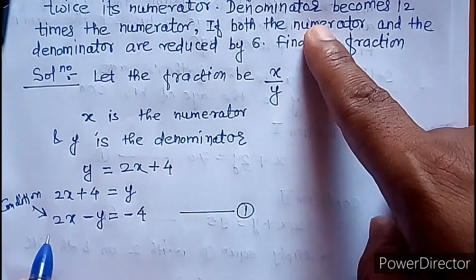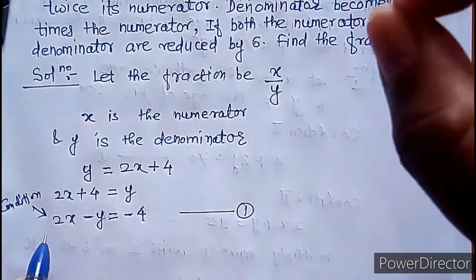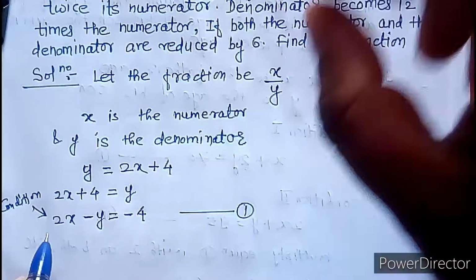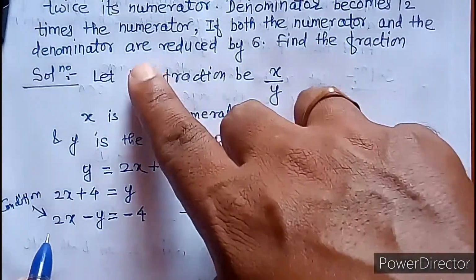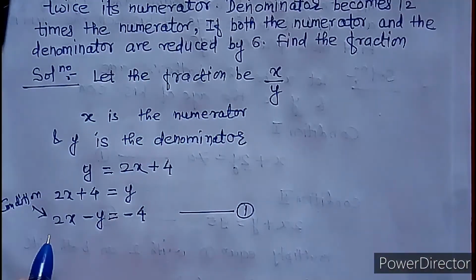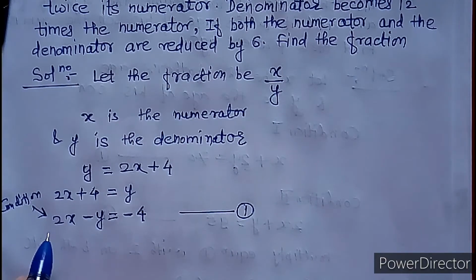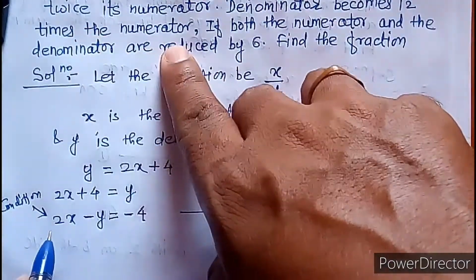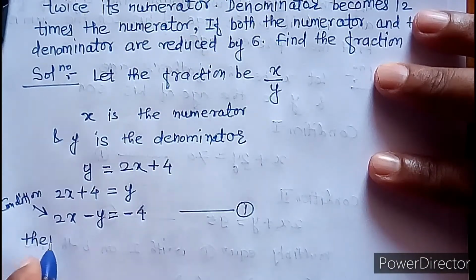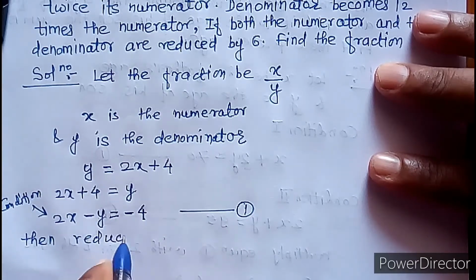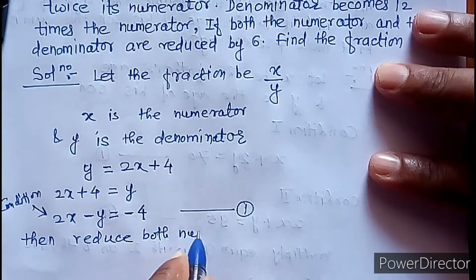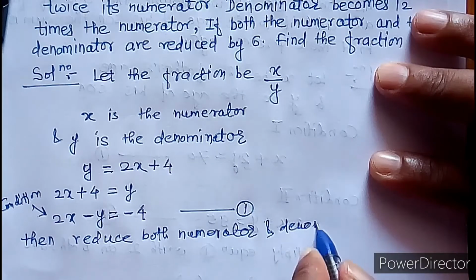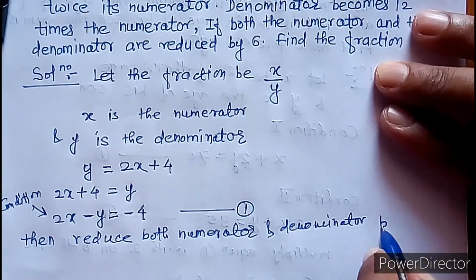Okay. The second condition is that the denominator becomes 12 times the numerator, but only if both the numerator and the denominator are reduced by 6. So reduce both numerator and denominator by 6.